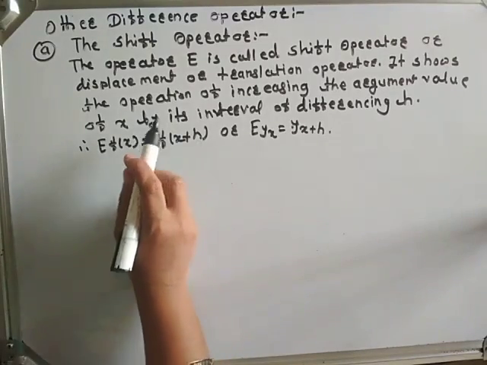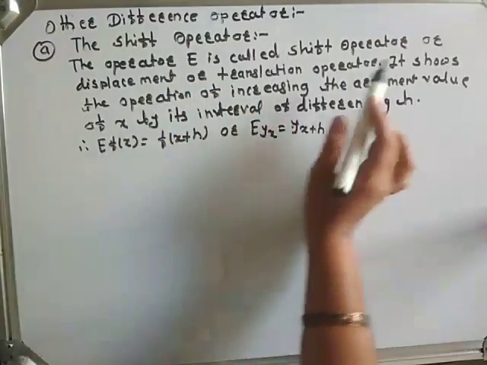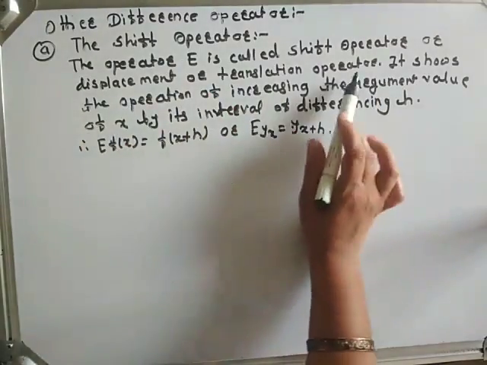Okay, see here the operator E is called shift operator or displacement or translation operator.